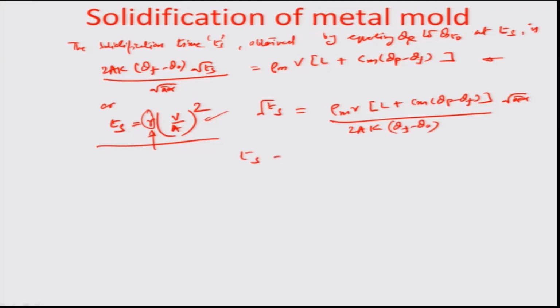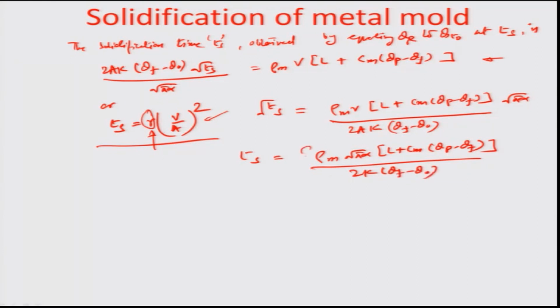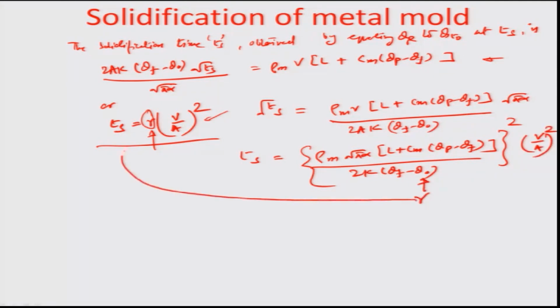Or I can say Ts is equal to rho m times root pi alpha times (L plus Cm theta p minus theta f) divided by twice k (theta f minus theta 0), squared, times V by A squared. So this exactly is what I mean by gamma.